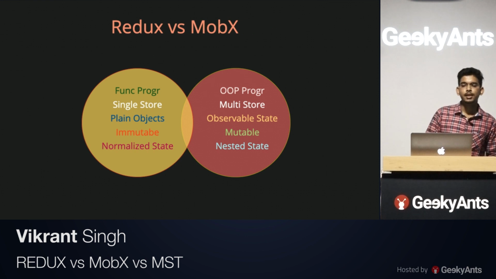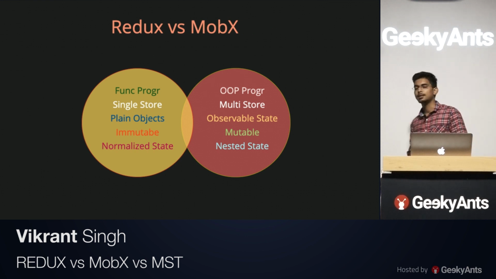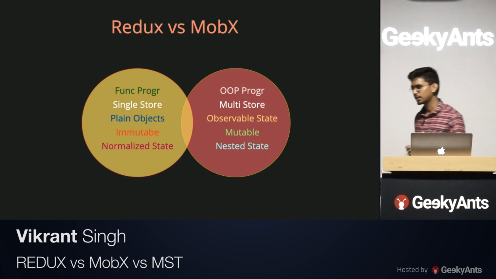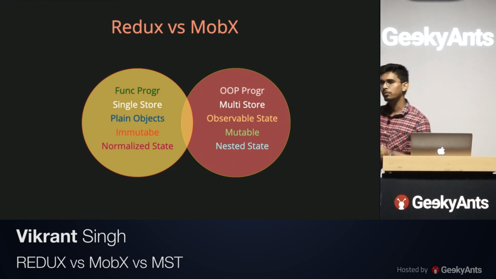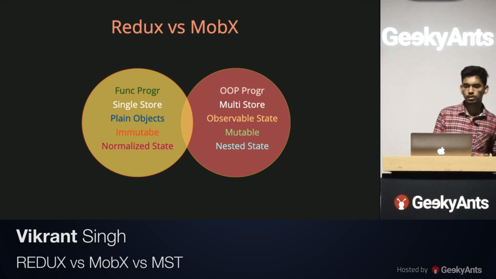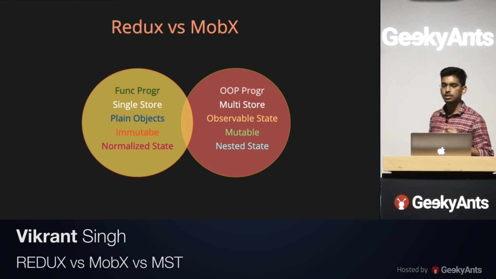And now the thing that we were waiting for: which one is best, either Redux or MobX, or whether the question of asking which one is best is even valid or not. So basically in Redux we have a functional programming paradigm, while MobX follows the object-oriented programming paradigm. And in MobX we have multiple stores.